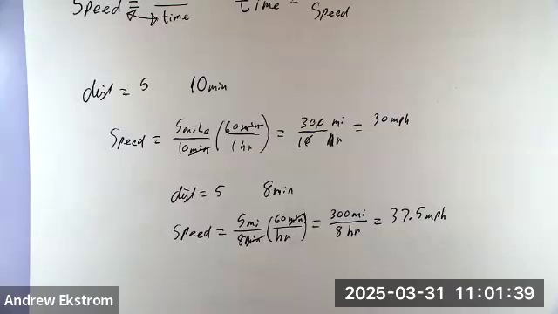So, distance I want to travel, and we're going to look at different speeds and how that affects time. So speed and then time. Let's do this in increments of say 5 miles an hour.